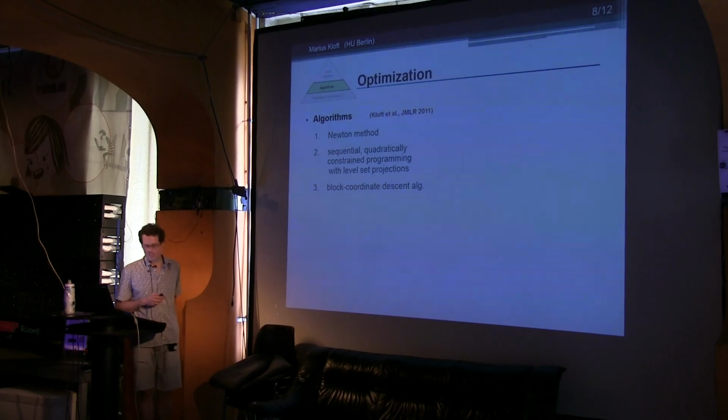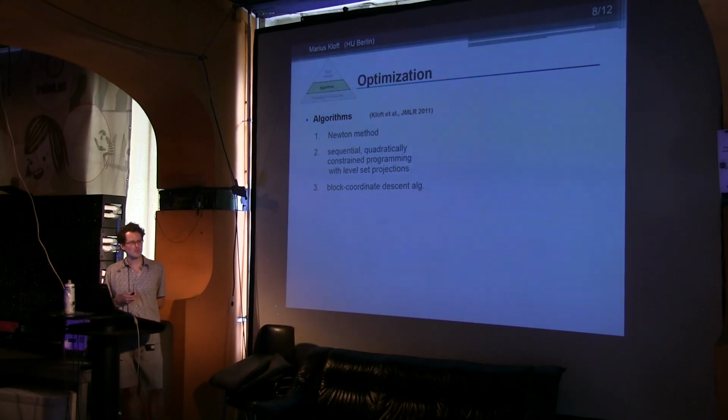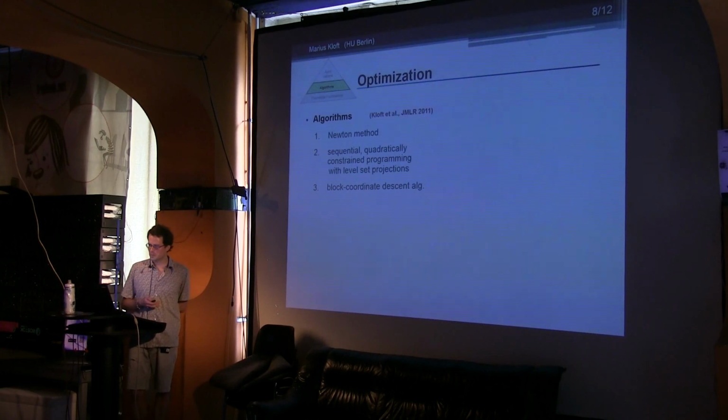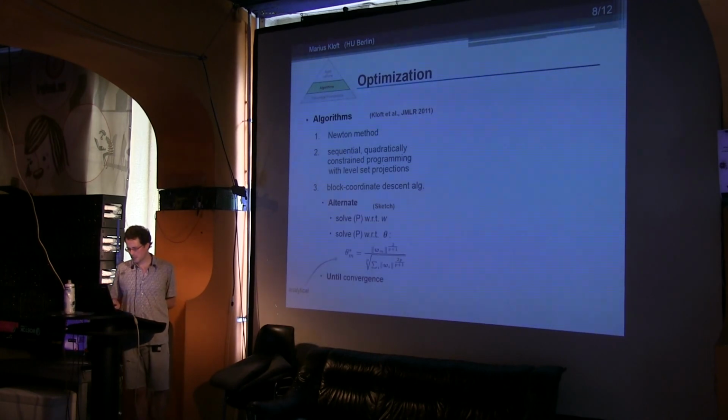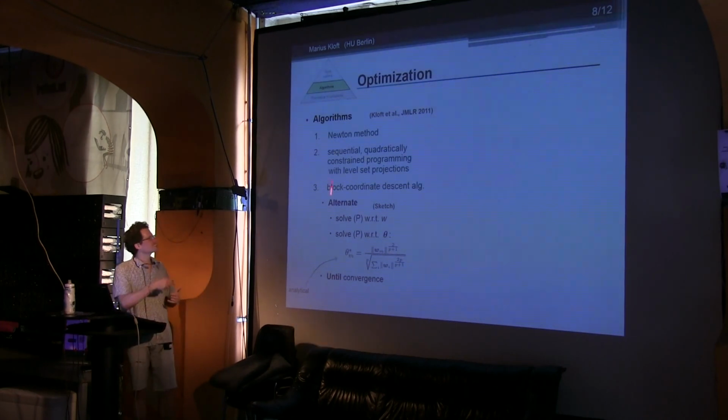We have implemented 3 different algorithms solving this problem in Shogun. If you use this in Shogun, you will see there are a lot of solvers you can choose, but essentially it's these 3.